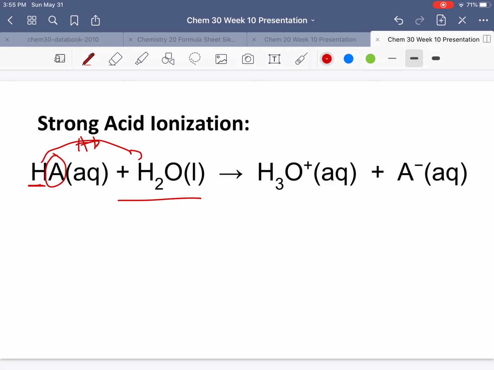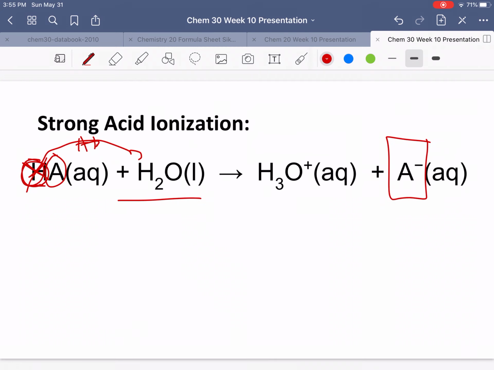That's how we get hydronium as a result. And if hydrogen leaves the A, you're left with the ion. In other words, with hydrochloric acid, this would be the Cl negative anion. It's pretty logical when you put it in context with an actual acid that you could analyze.